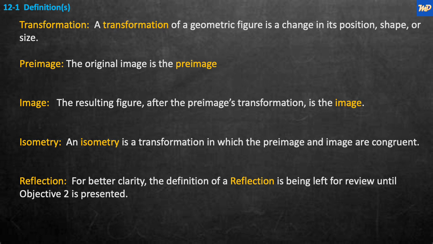An isometry is a transformation in which the pre-image and the image are congruent. For better clarity, the definition of a reflection is being left for review until Objective 2 is presented.